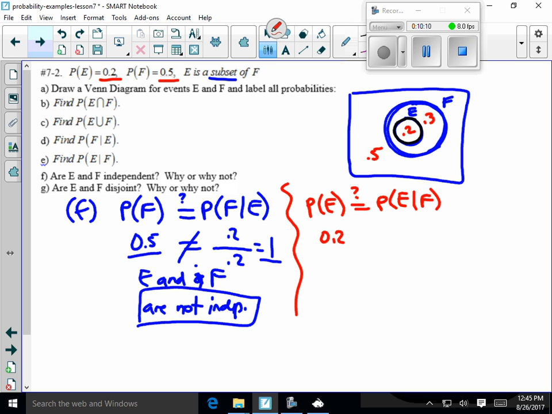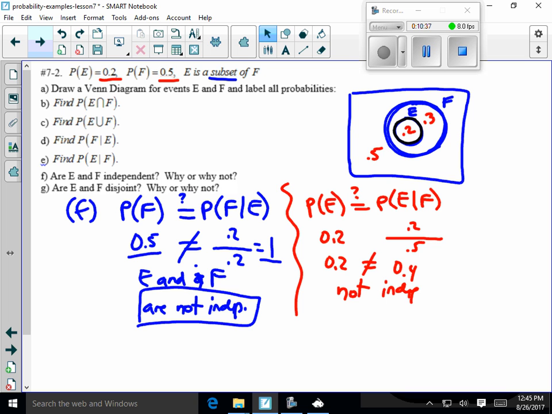And the probability of E given F is, out of the 0.5 in F, the probability of E is 0.2, so that turns out to be 0.4, right, 0.4. And so we can see again, those are not equal, so that argues for this being not independent. Right, so I think one of those two ways is the way you should do the problem. You should pick one of the events, find out the overall probability of that, and then find the probability given that the other event has occurred, and if they're not the same, then they're not independent.